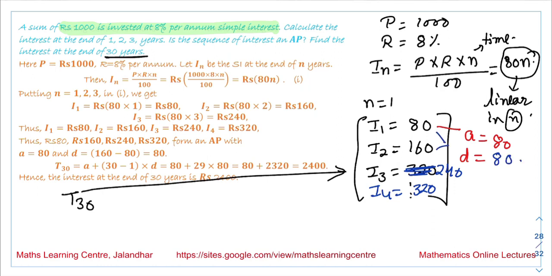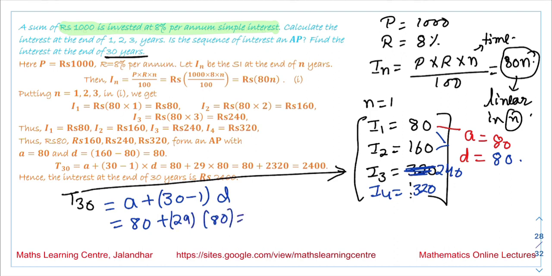We subtract these two values, we will get 80. So T30 is equal to A plus 30 minus 1 D, that is 80 plus 29 into 80, that is equal to 80 plus 2320, that is equal to 2400 rupees. So we are saying that the interest at the end of 30 years is rupees 2400.